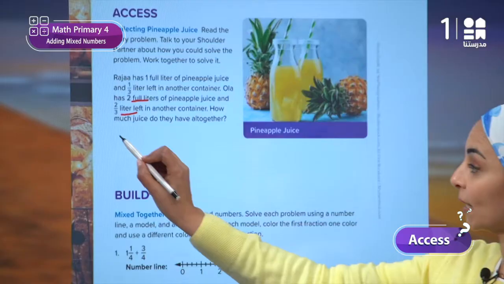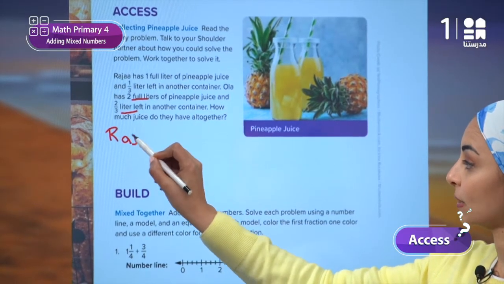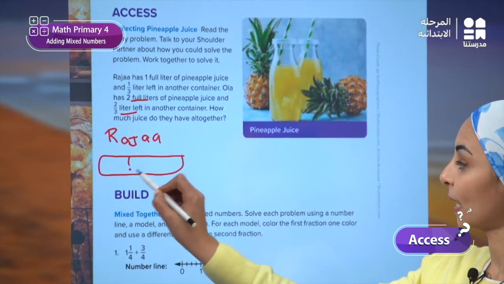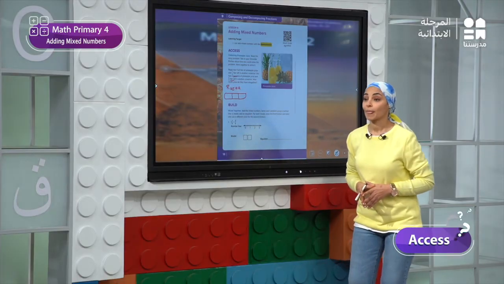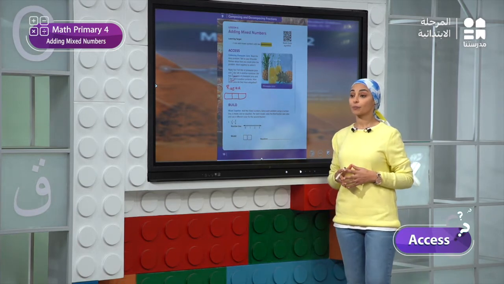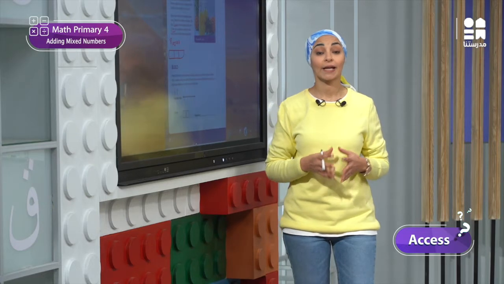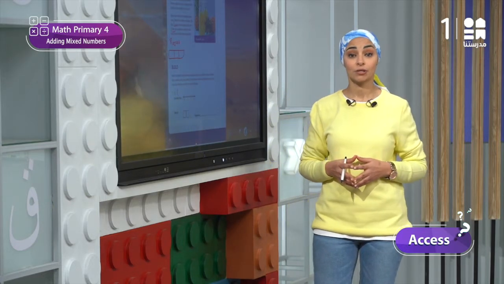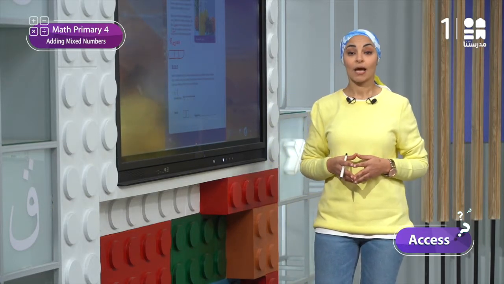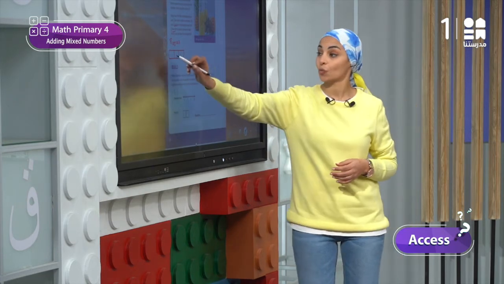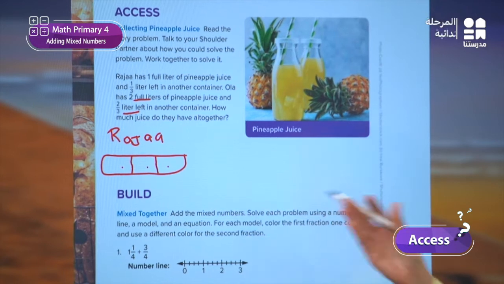I can draw Raja like this: 1 full means 1 rectangle divided into 3 parts. Why did I divide the rectangle into 3 parts, and not 4 or 5? Because Raja also has 1/3 liter in another container. That is why the unit fraction is 1/3 and that's why I divided it into 3 parts.